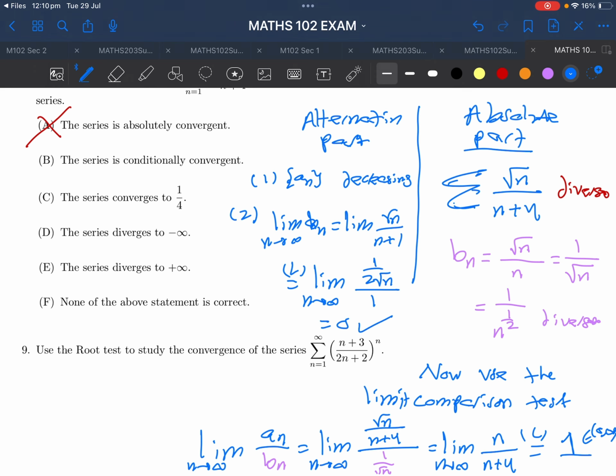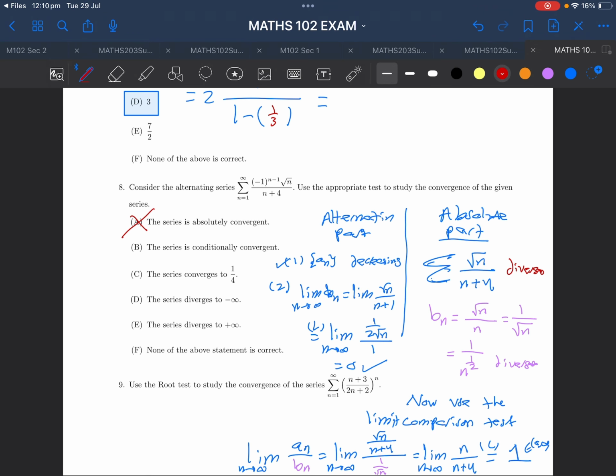The answer is 0, so we are fine. And then you need to check if it is decreasing, which it is, so this converges. So it will be conditionally convergent, because the absolute part diverges and the alternating part converges.